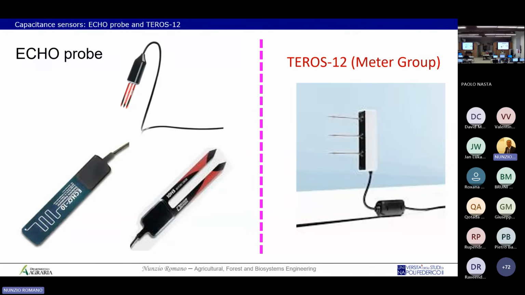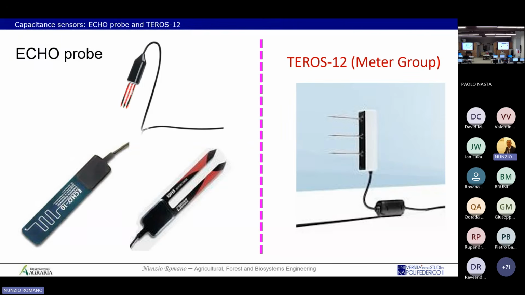For those of you who are more interested in having more information, Teros 12 gives simultaneously the information not only on soil water content, but also on the soil temperature and on the electrical conductivity. Of course, Teros 12 is more expensive than the EcoProbe or the other capacitance probes.